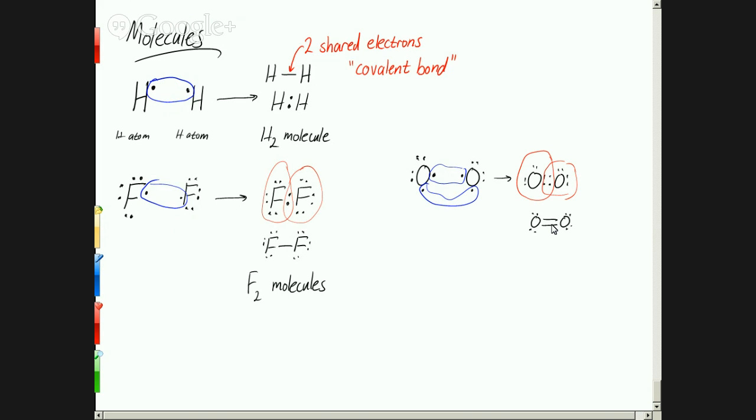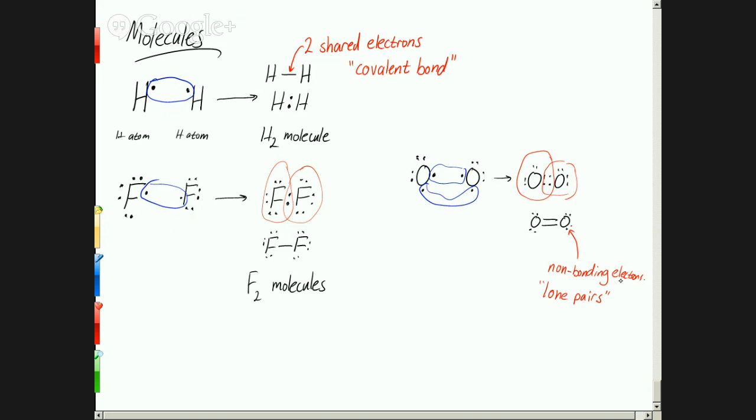Now when we combine these things together, you'll notice there are still some kind of leftover electrons that we show over here. These are known as non-bonding electrons, or another name for them sometimes you'll hear is lone pairs.